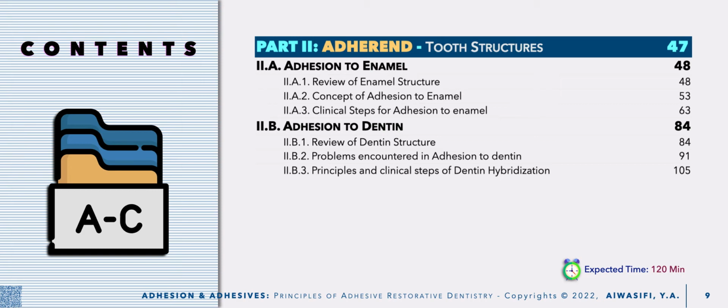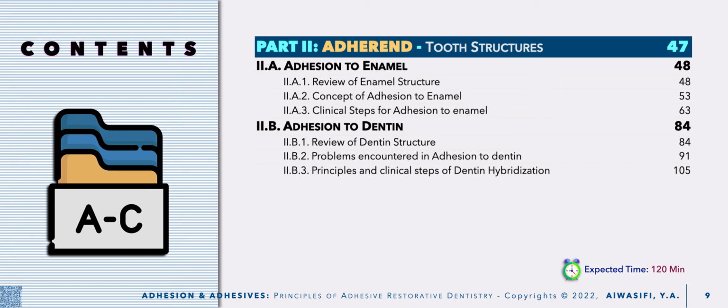The smear layer and its inherent intrinsic wetness are also great problems encountered in adhesion to dentin and prevent getting optimal adhesion of composite resin or bonded restorations to dentin.